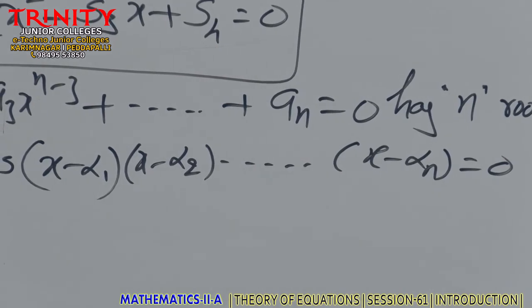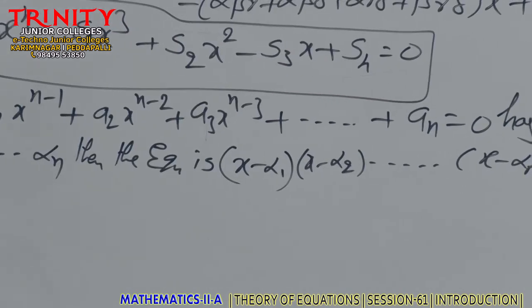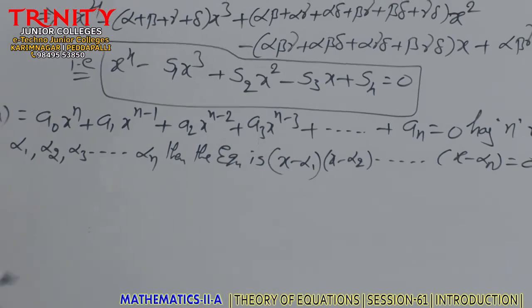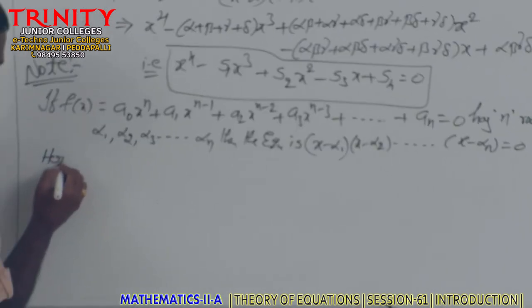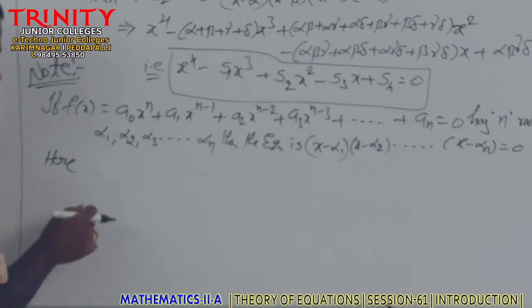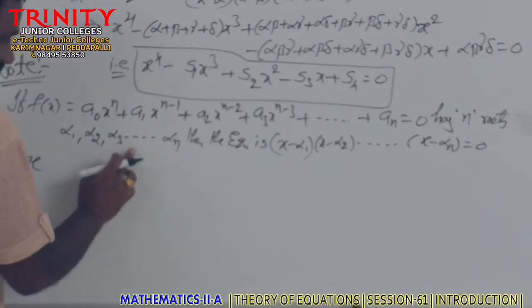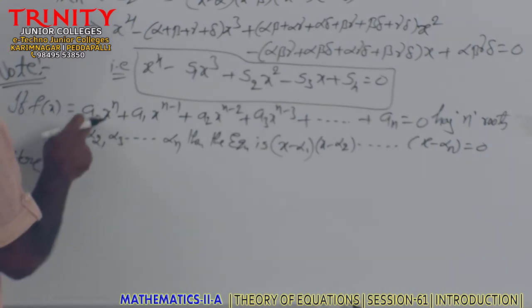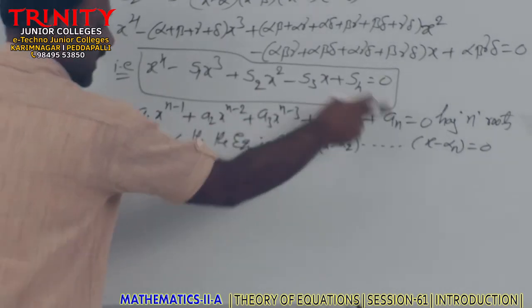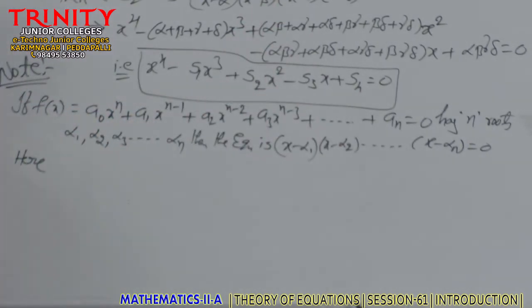This one we can write as x power n minus s1 x power n minus 1 and so on. Here the relation between the roots and coefficients is: alpha 1, alpha 2, alpha 3, so on alpha n are the roots, and a naught, a1, a2, so on an are the coefficients.